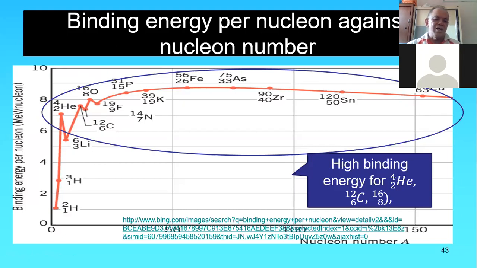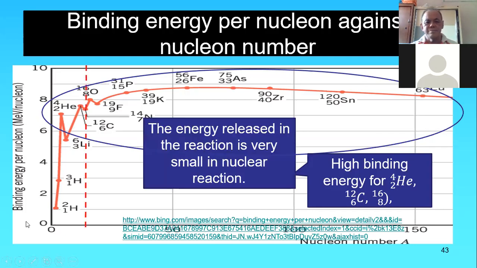Only where fusion forms helium, you can see release of energy, or far away there, uranium, where it breaks up into something around here, then you will have release of energy. Otherwise the energy released is very small, not worth it. We have to compare the amount of energy we put in and the amount of energy released. If you're going to spend more money to produce energy, what's the point?